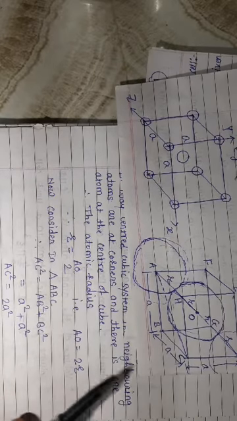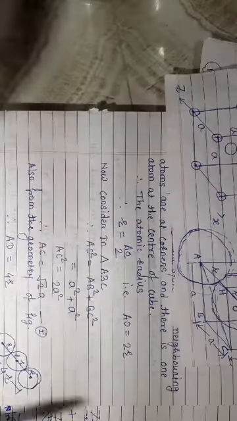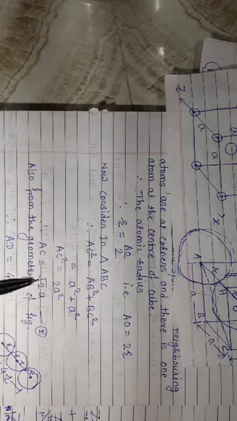Is it right? That is, AC square is equal to 2A square, or taking the square root, AC is equal to root 2 into A.